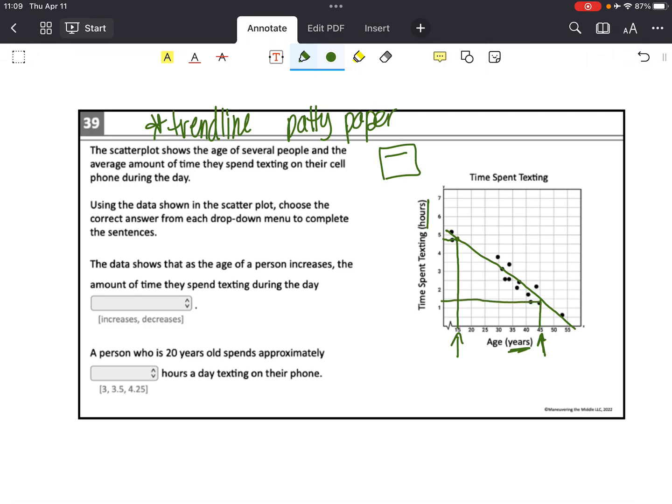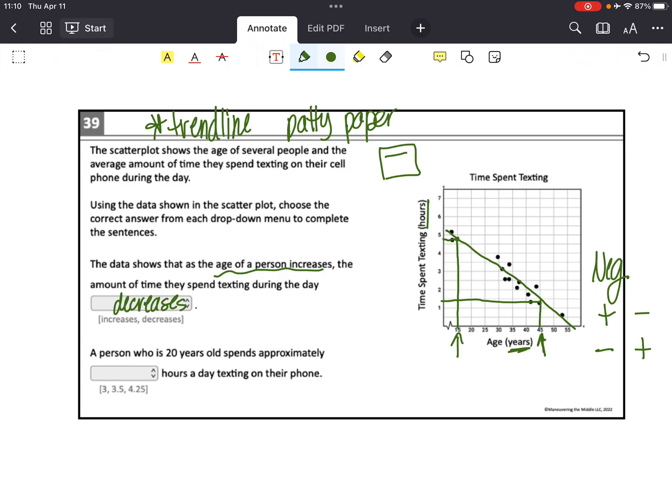So we can see that as the age of a person increases, the amount of time they spend texting decreases. If you look at this trend line, it is also a negative slope. So therefore, that means if one thing increases, the other decreases, and also the other way around. If one thing decreases, the other increases.